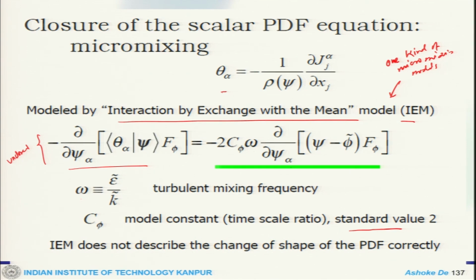But another point to note here is that this IEM model does not describe the change of shape of the PDF correctly, but it is simple enough to close this mixing term.